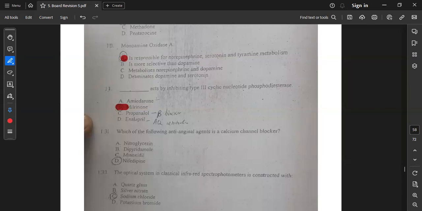Okay. Briefly, nitroglycerin, MOA, dipyridamole, minoxidil. I think minoxidil is a potassium channel opener. Then nitroglycerin, I don't know, it is a nitrate.